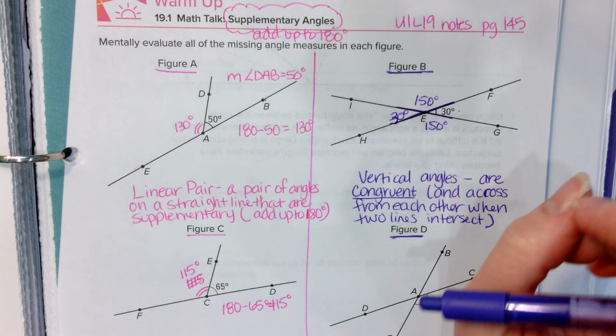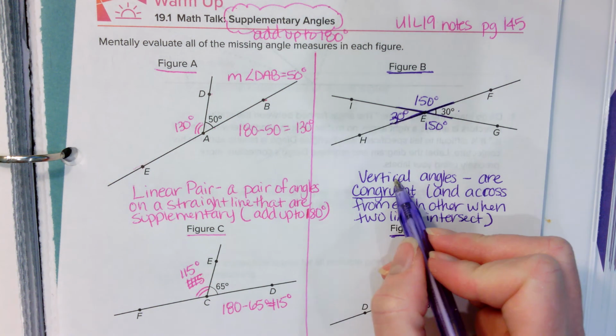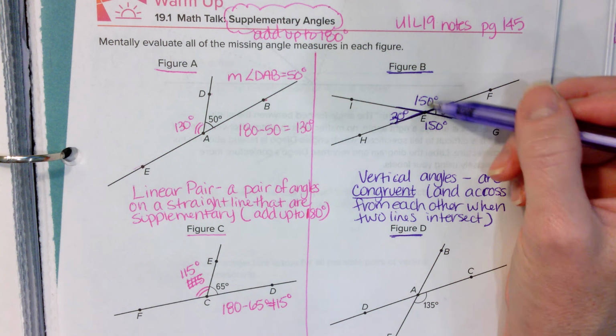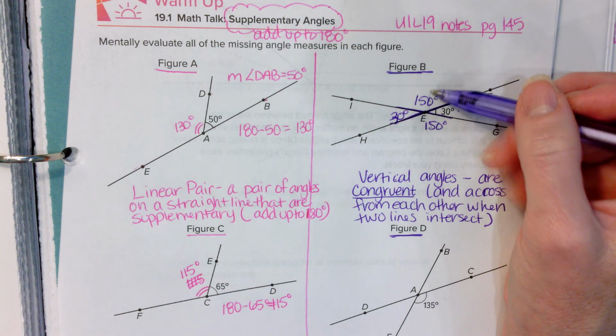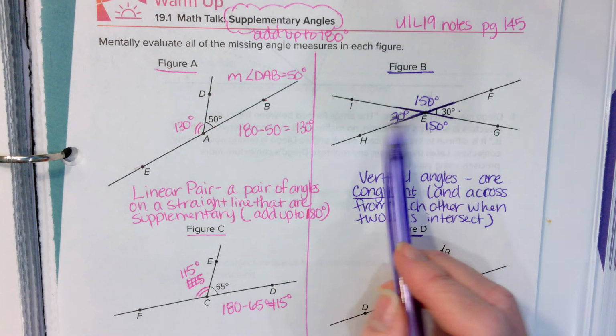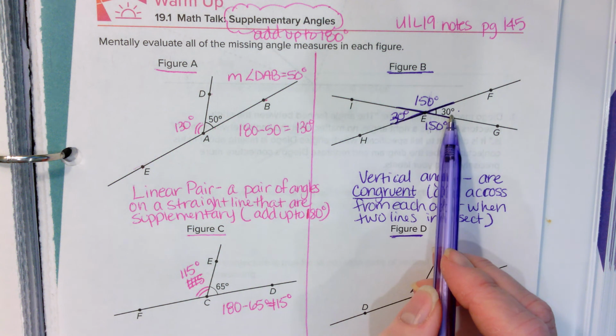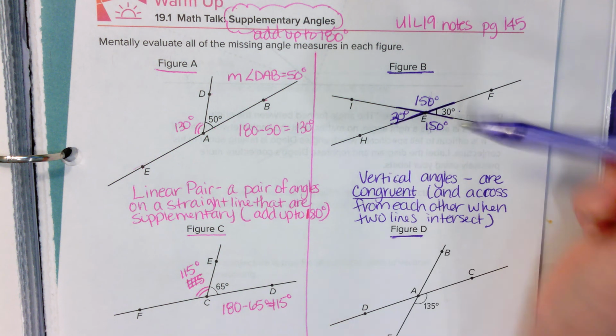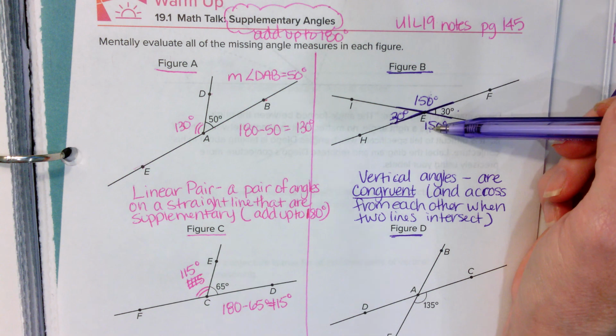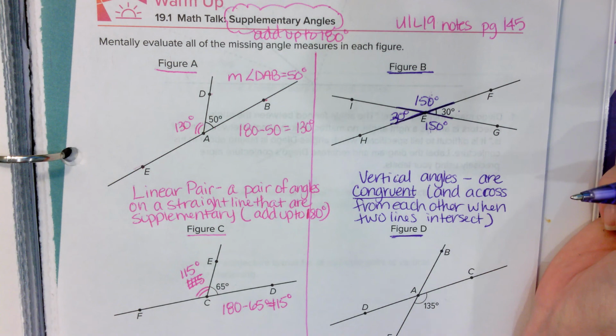So be careful, because the name is vertical angles, often students think they have to be up and down, but technically they're just across from each other. So really the 30 and the 30 are considered vertical angles, and the 150 and 150 are considered vertical angles to each other.